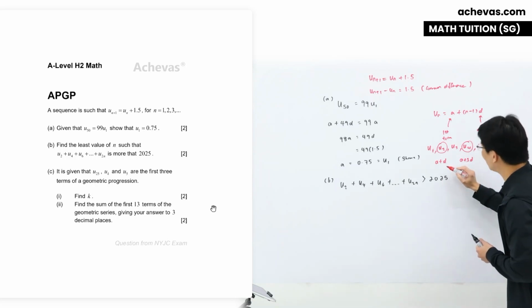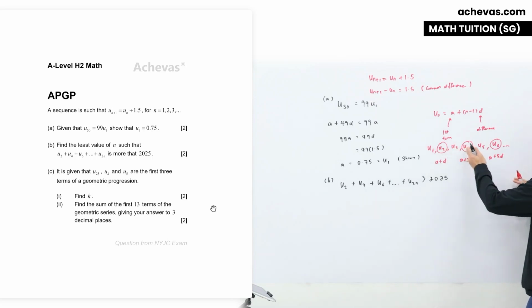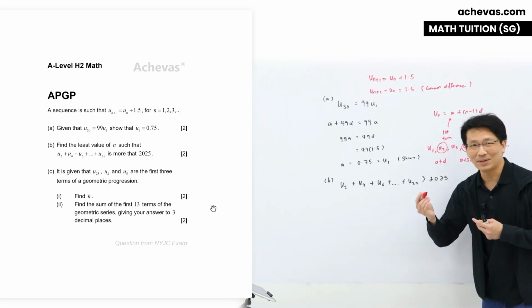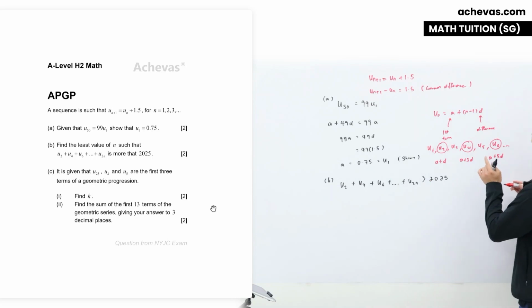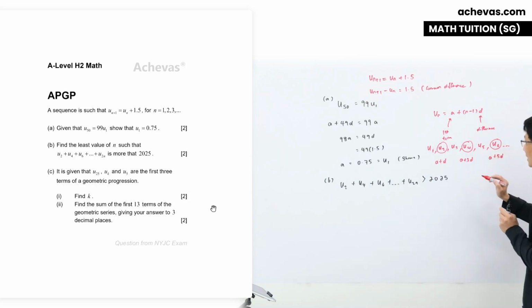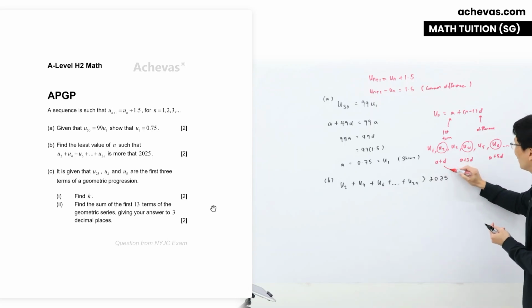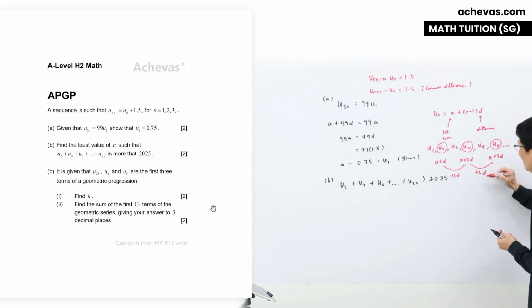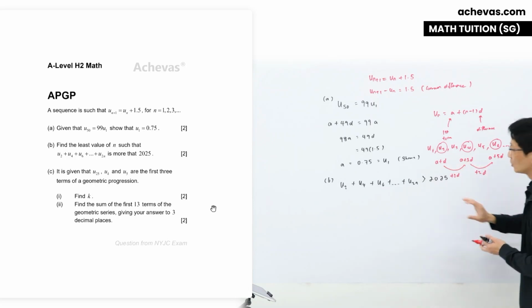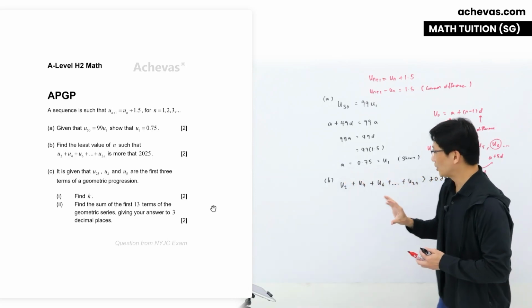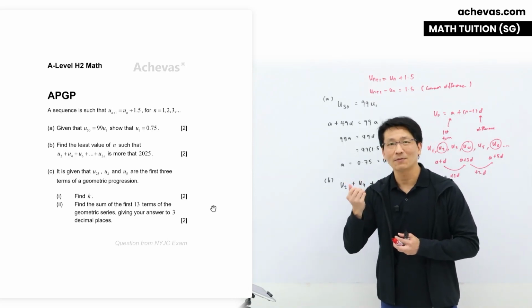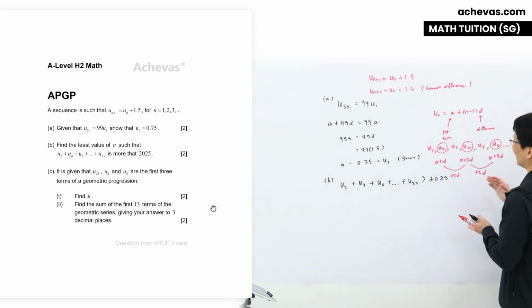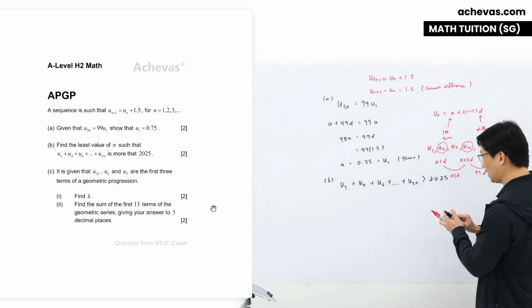In fact, I can see that these even terms form another AP sequence. For this new AP sequence, the first term will be a plus d, and the common difference is now 2d. So for this expression, I can still make use of the AP sum formula, because this is just like finding the sum of an AP.